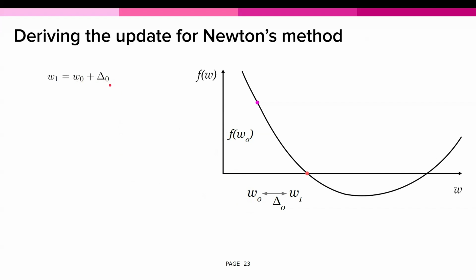So another thing we know is that the tangent at W0, the slope of this pink line here, is equal to the rise over the run of the function.